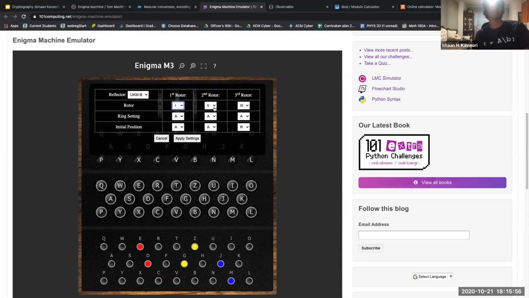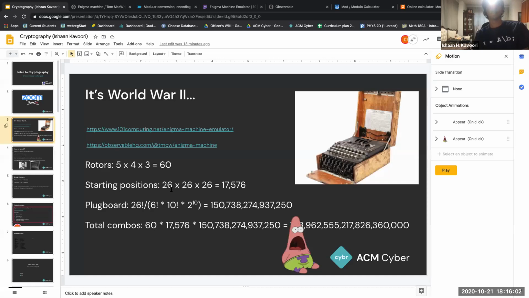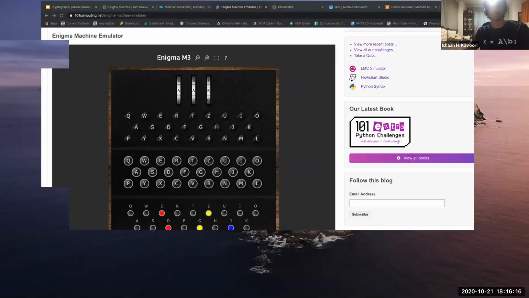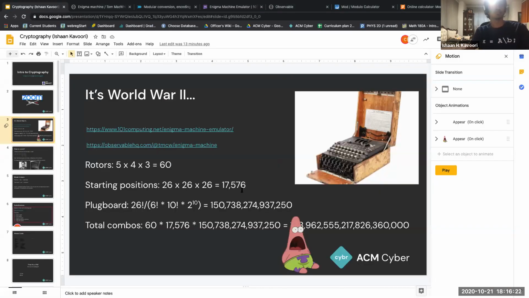In the second one, there are 4 left to choose from, and in the third one, there are 3 left to choose from. So that is 60 combinations. Now, each rotor has 26 starting positions because there are 26 letters in the alphabet. And that gets you 17,576 more combinations.